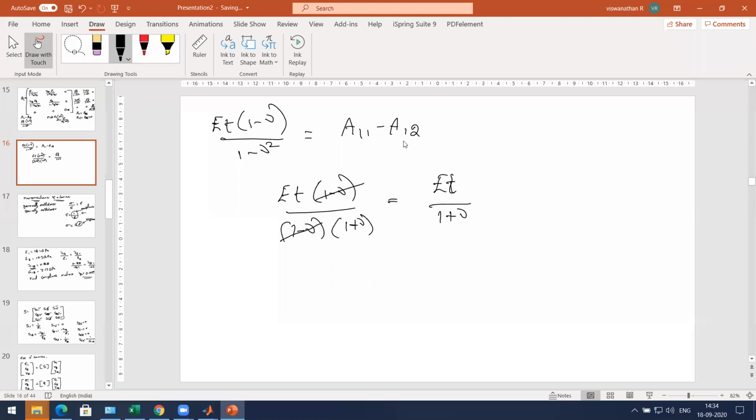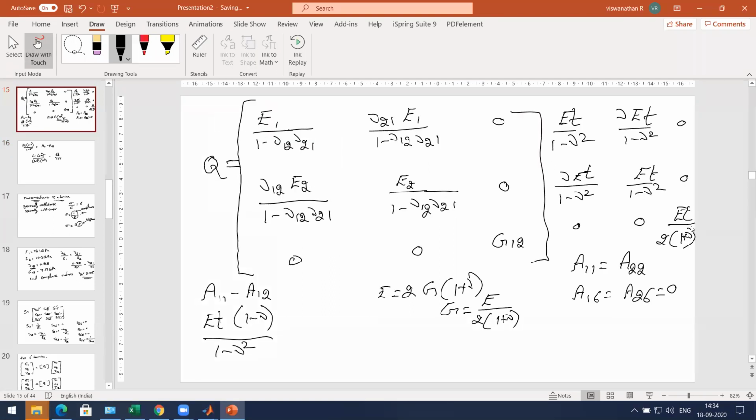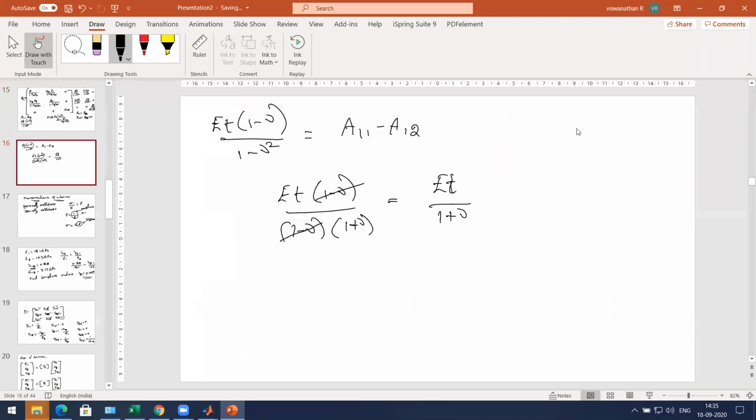A11 minus A12 is Et divided by 1 plus nu. Now here, A66 is Et divided by 2 into 1 plus nu. So what will be A11 minus A12? I can write it as 2 times A66.